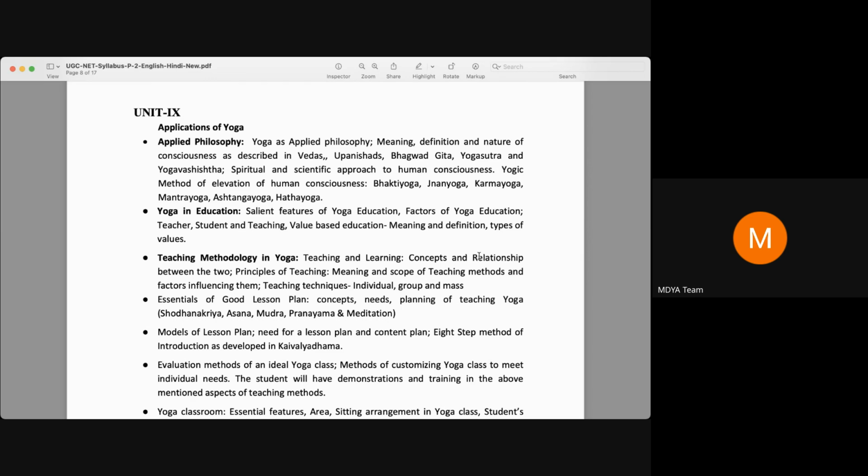See, you are giving UGC NET or JRF, whether you are qualifying for assistant professor or research fellow. Anyways, both lead towards the teaching field. So this is particularly teaching in yoga, right? It is somewhat different from other subjects. You have some idea of teaching, how to teach, in paper number 1 also.